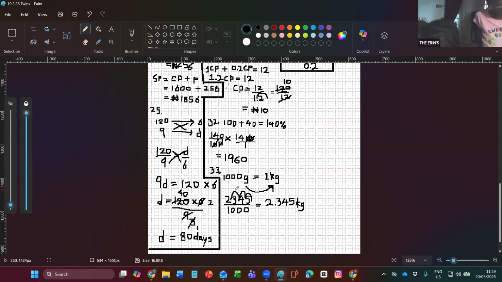We should just times it by 1,000. Yes, you multiply by 1,000. And if you follow my method that says we are going from kilograms to what? To grams. That's it, we are going from kilograms to grams, so we multiply by 1,000. So it's going to be 2,345 grams.